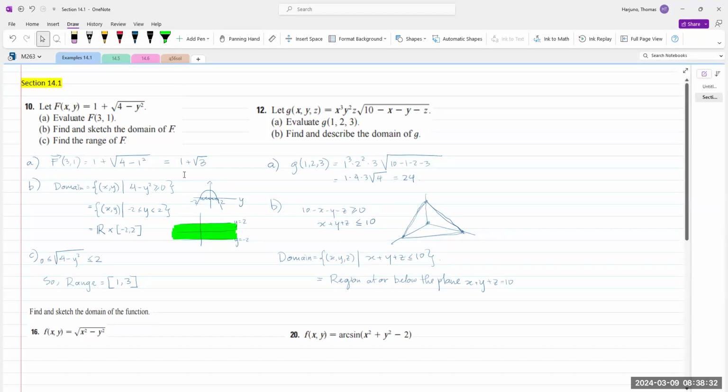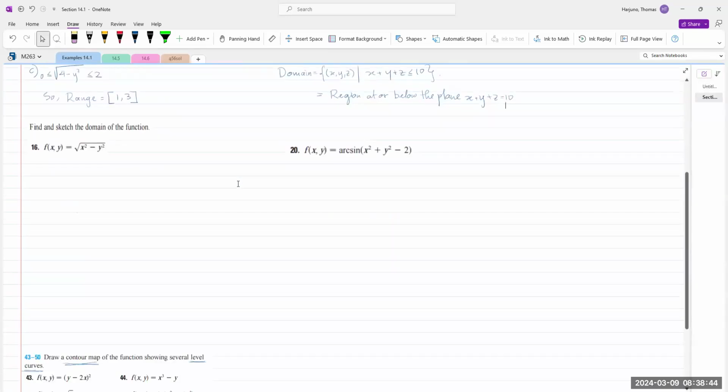You will see that the emphasis in this section is actually on the domain of a multivariable function. The extra material they teach at the same time is what they call contour maps and level curves. Sketch the domain of the function.